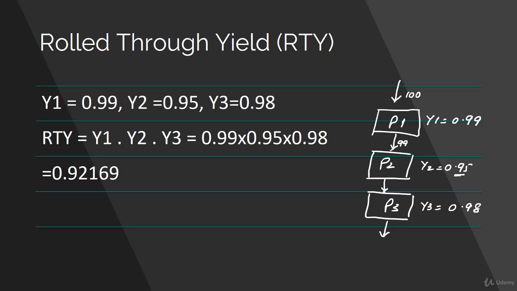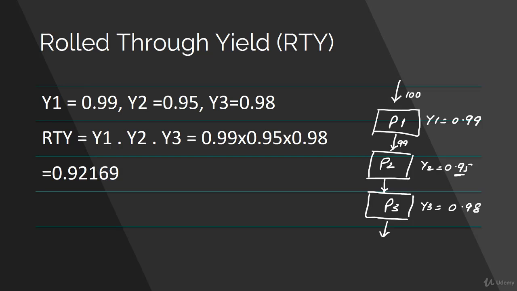Now if you have to calculate the rolled through yield, which is the total yield of the whole process P1, P2, P3, it comes out to be Y1 multiplied by Y2 multiplied by Y3. So you multiply all the yields of the processes, and that will give you the rolled through yield.